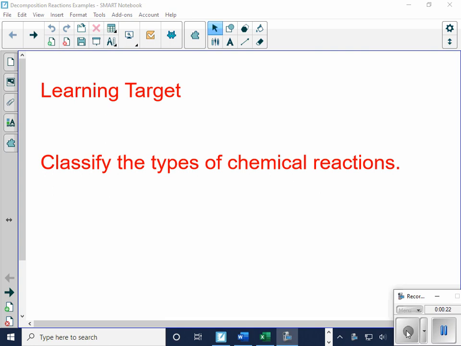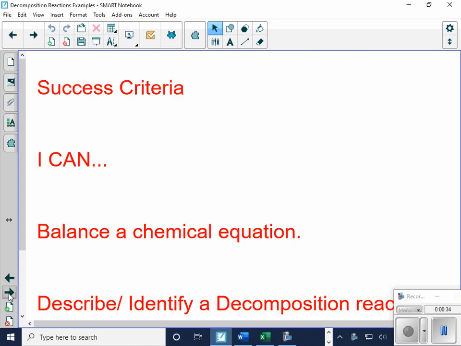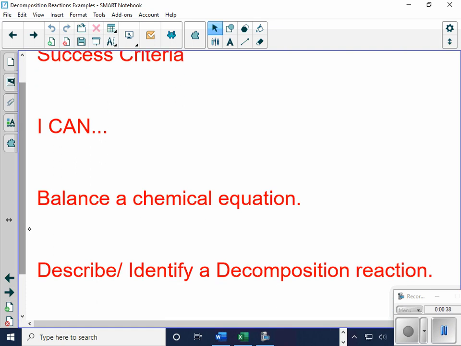If you remember yesterday, our very first one was to be able to balance chemical equations. Our second success criteria was then to describe and identify a synthesis reaction. Well, today it's going to be to describe and identify a decomposition reaction.